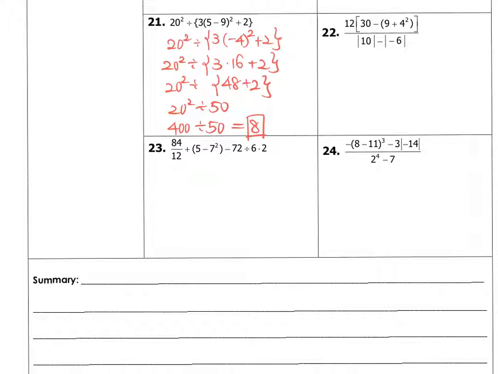Okay, so I'm going to leave the rest of it for you to give it a try. Again, if it's a fraction, take care of the upstairs, take care of downstairs separately. As the last step, put them together, upstairs and downstairs, and do your fraction.